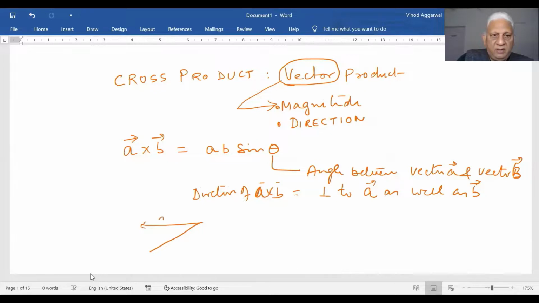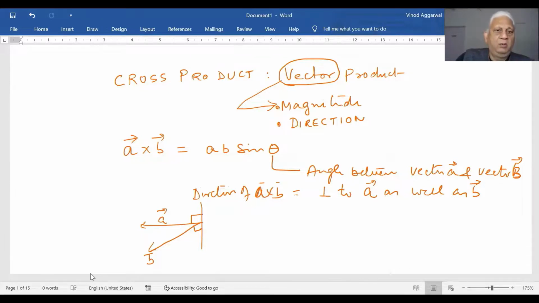If we have A here, and B here, the direction of A cross B is perpendicular, right? This is making angle 90 and this also is making angle 90. All right. But is this to go upwards or downwards? How do we find out?